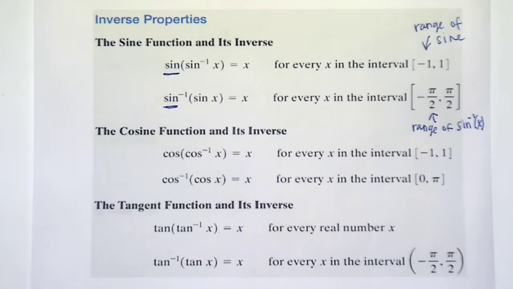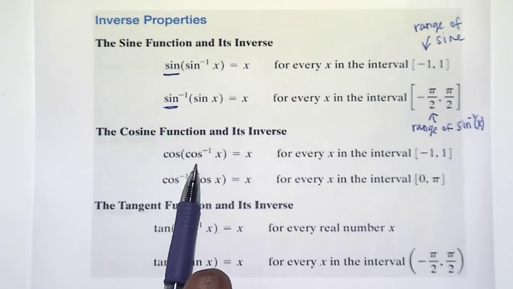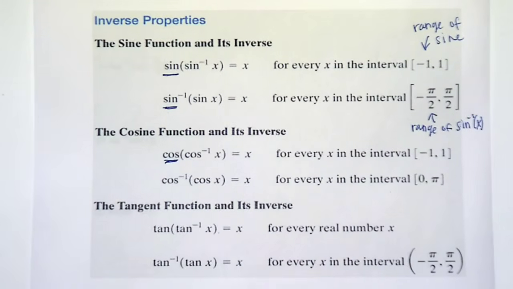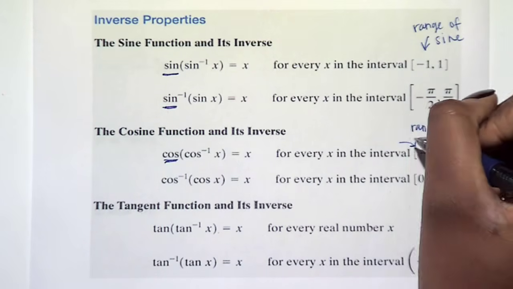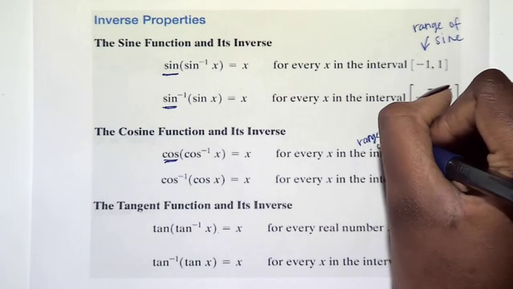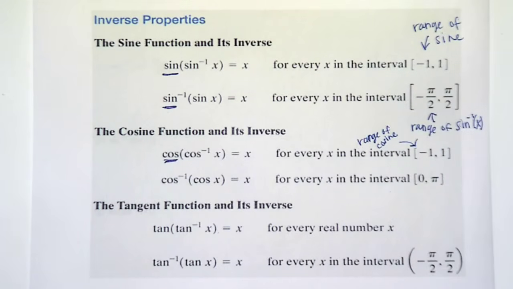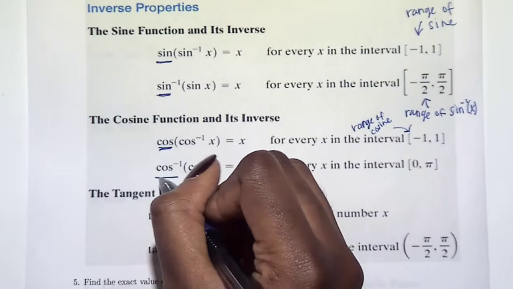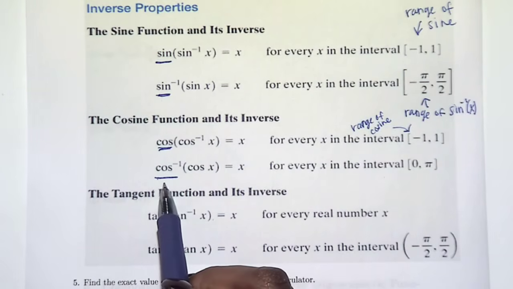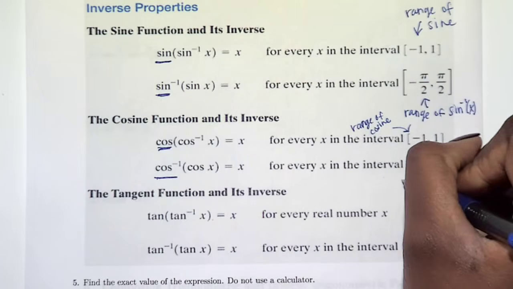All right, cosine of cosine inverse of x is x, but only if x is in the range of the outside function. So this is the range of cosine. Another one here, the opposite. This is only true if we're in the range of cosine inverse.